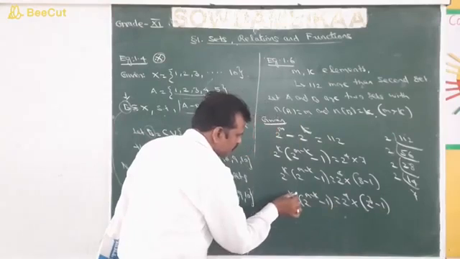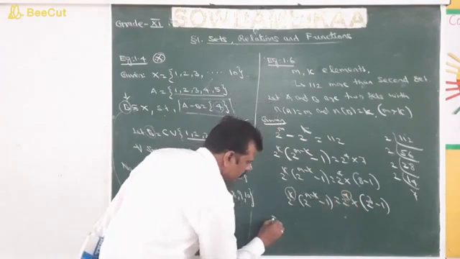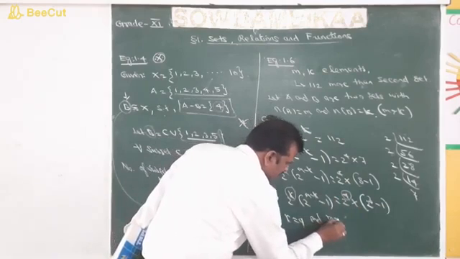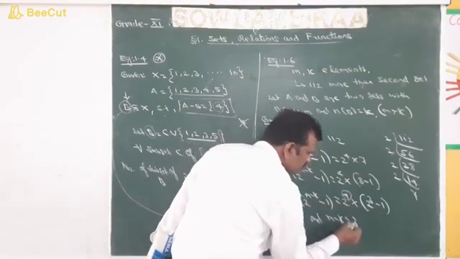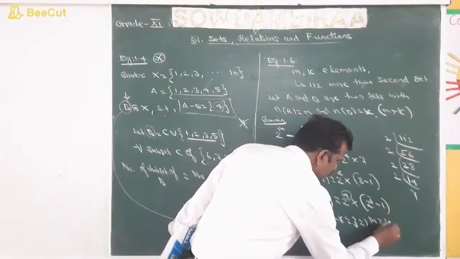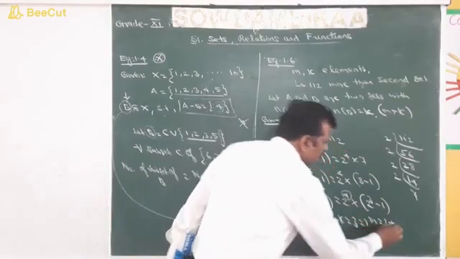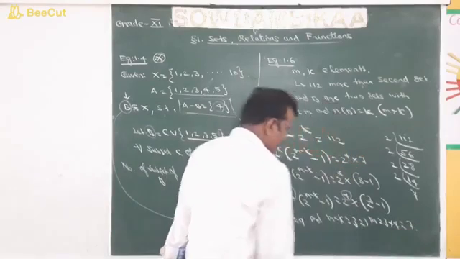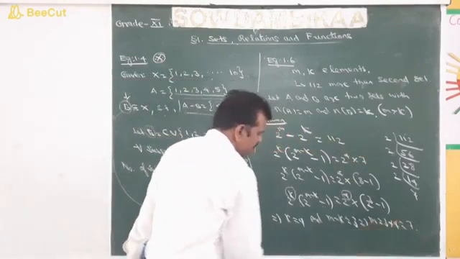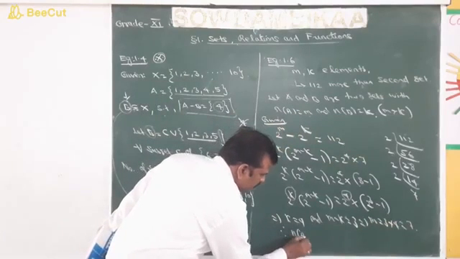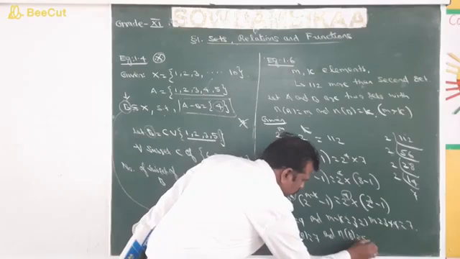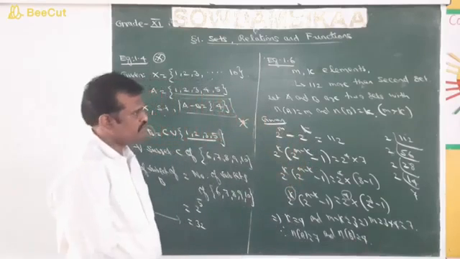So with this k is equal to 4, and m minus k equal to 3. So m is equal to 3 plus k. What is k? 4. So this is equal to 7. Therefore the number of elements in the first set A is 7, so n of A is equal to 7 and n of B is equal to 4. Is it clear? That's it.